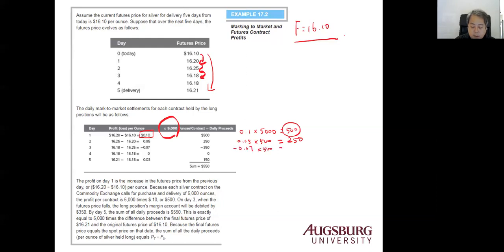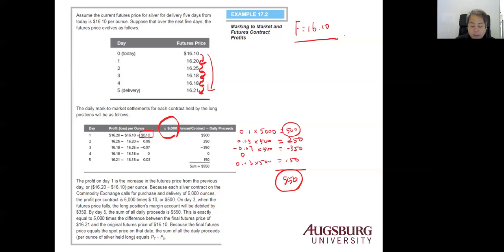And then next day, we have a 7 cent decline. So $350 loss. Fourth day, same, so 0, right? And fifth day, 3 cents increase. So $150 increase in your account. So in total, you have $550 increase. Okay.